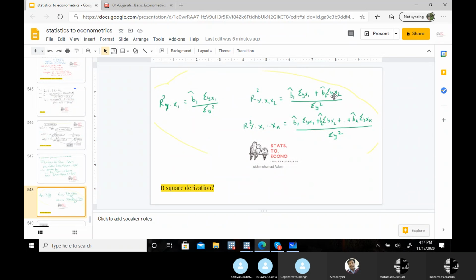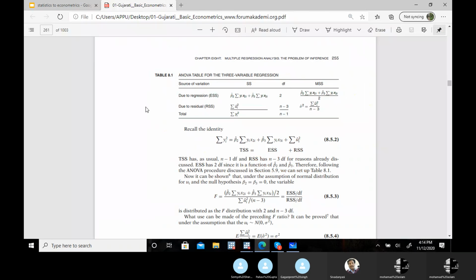This is our explained sum of square, explained variation, right? This is the numerator part. We have to compare it with the residual sum of square. What is the residual sum of square? This is the residual sum of square, summation u hat square. So we have to compare this ratio, but before that we have to divide it by the respective degrees of freedom.